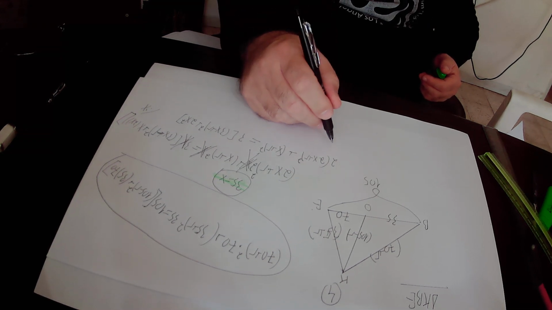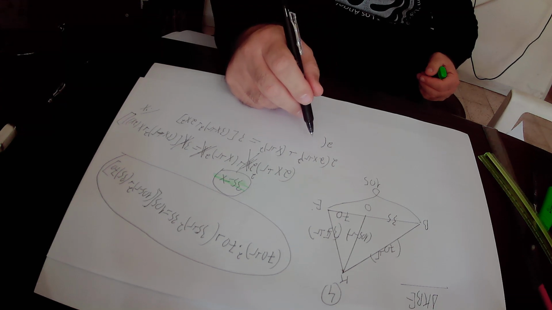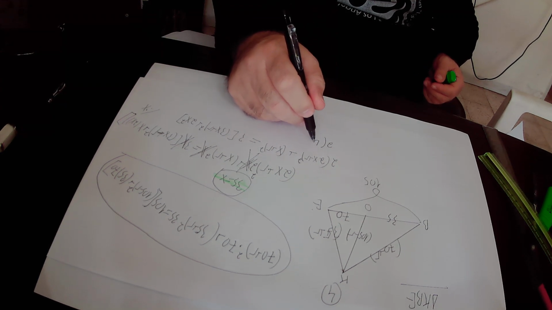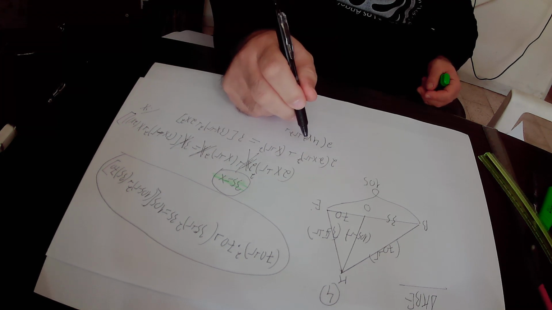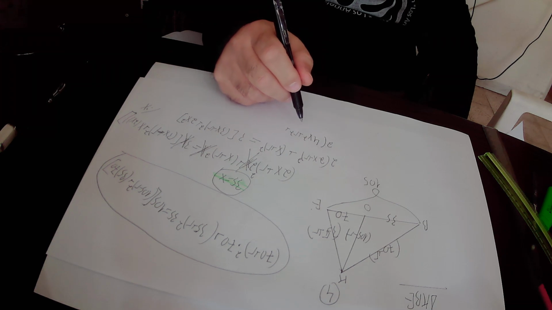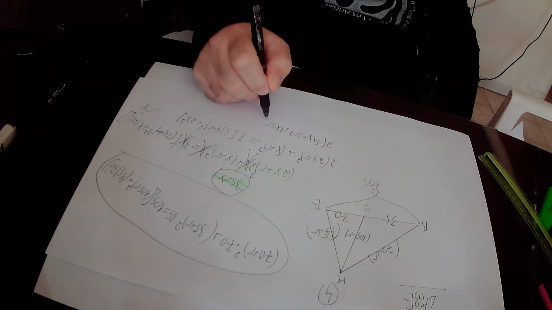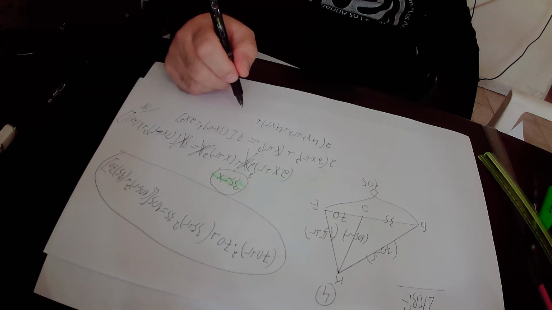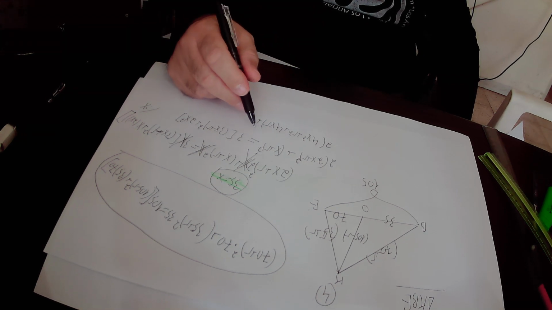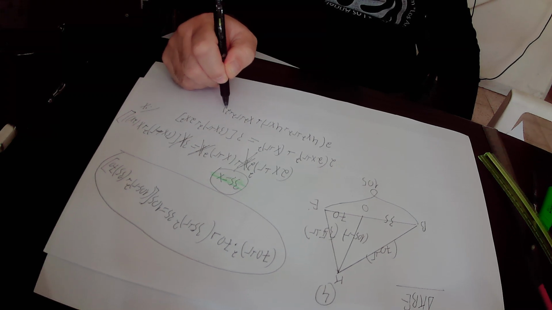So we have here (2x + r)² equals 2x squared, that is 4x squared, plus r squared plus 2 times 2x times r, which is 4xr, plus (x + r)², which is x squared plus r squared plus 2xr.